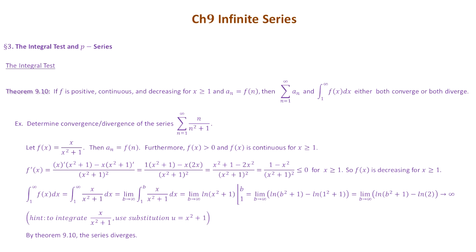Theorem 9.10 says that the series of a sub n and the integral of f from 1 to infinity either both converge or both diverge. So you can determine the convergence property of the series from the integral of the function. If the integral of the function from 1 to infinity is a finite fixed number, then the sum of the series is also a finite fixed number, or convergent.